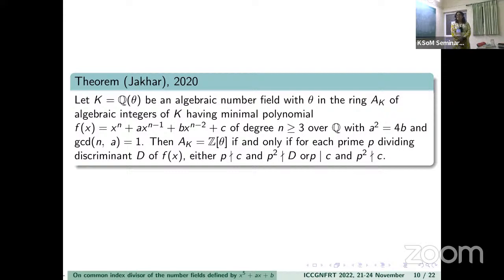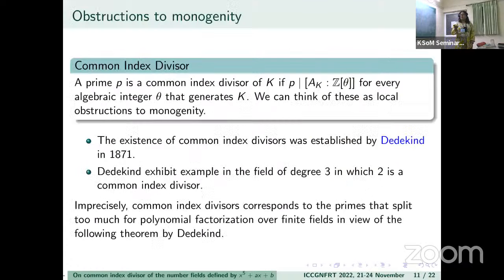Then in this case, A_K will be equal to Z[theta] if and only if for each prime p dividing the discriminant D of f(x), either p does not divide c and p square does not divide D, or p divides c and p square does not divide c.